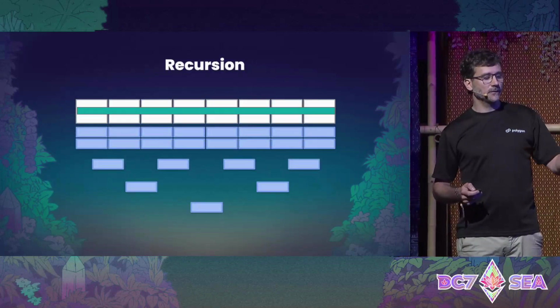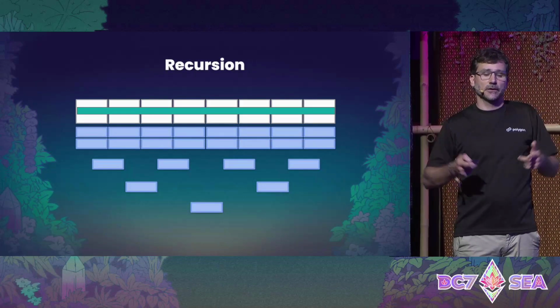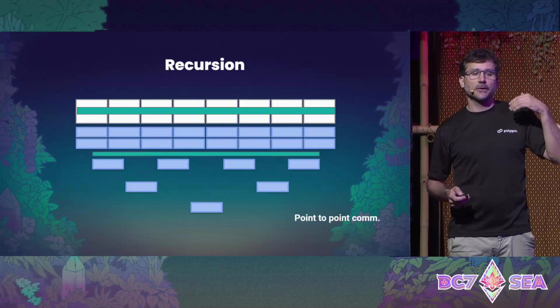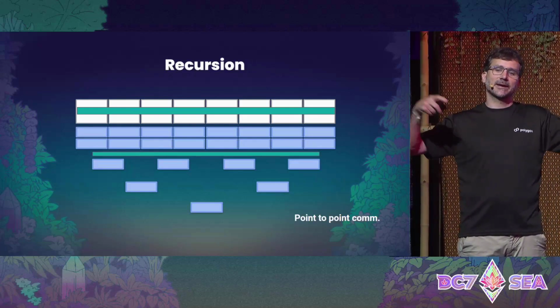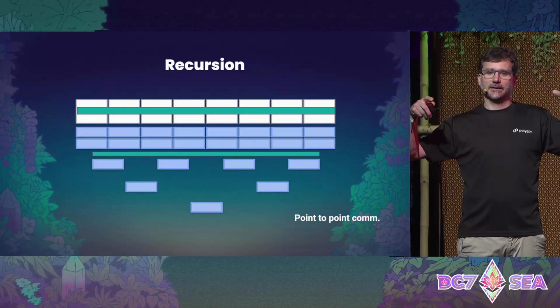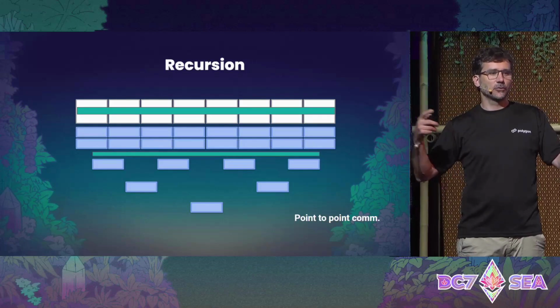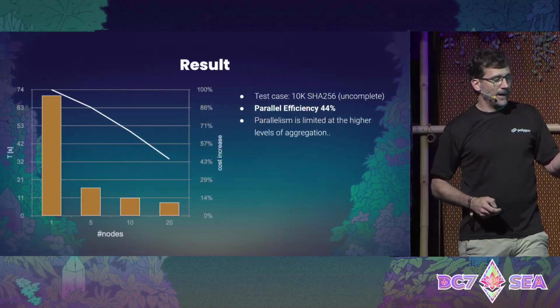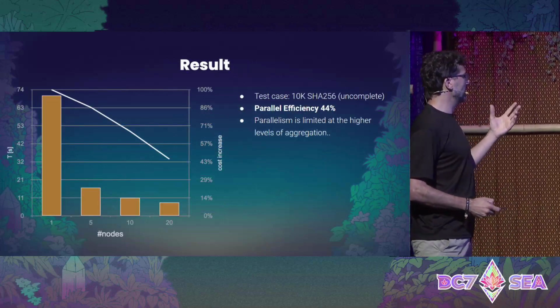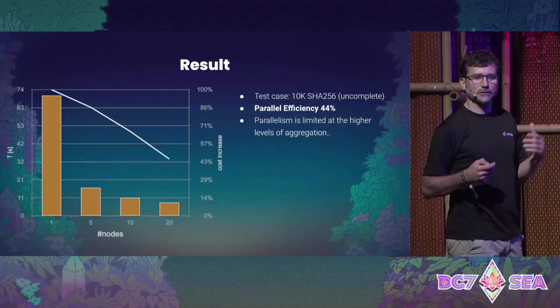The recursion, sorry, the recursion will have some communication requirements when we generate the tree, because the subproofs that we are aggregating can be hosted in different processes. We have to transfer them to the process that will generate the aggregation. And if we look at the parallel efficiency, it's not so appealing, right? It's 44%.